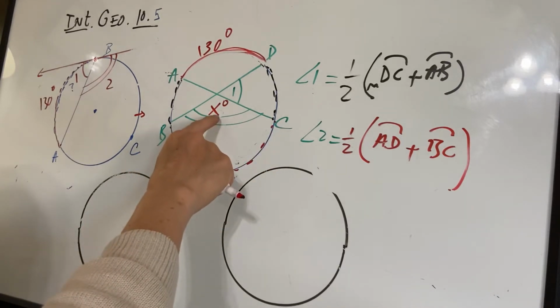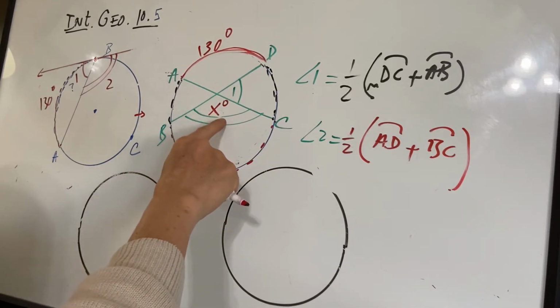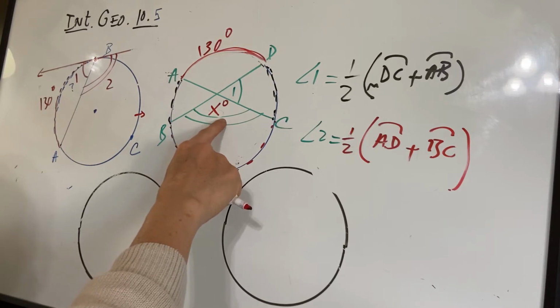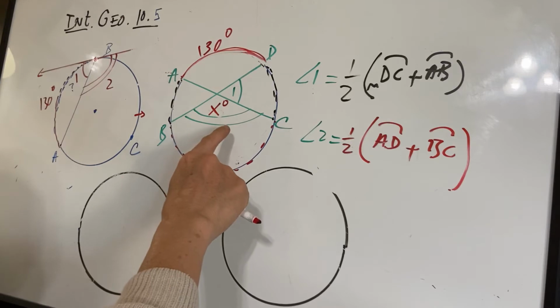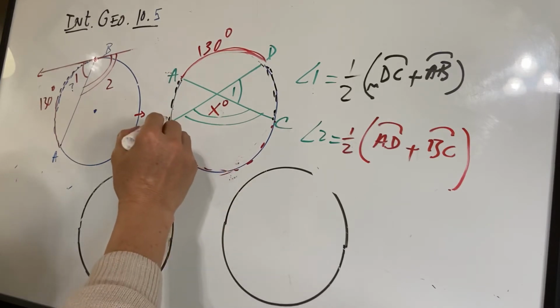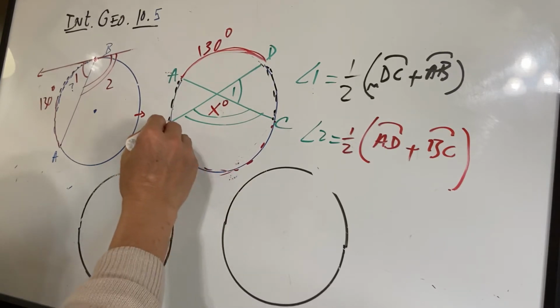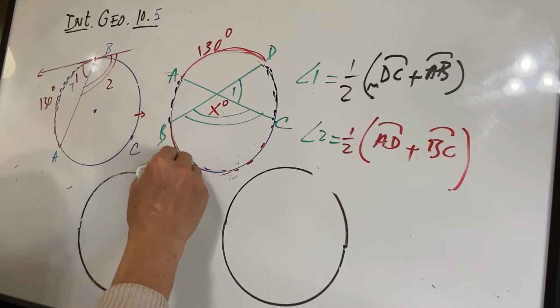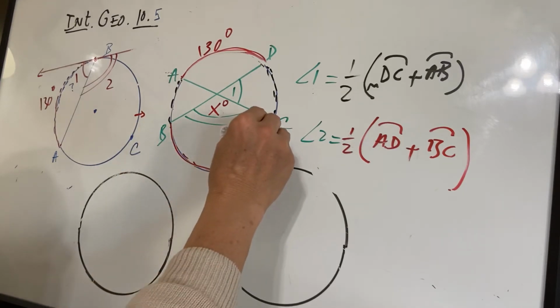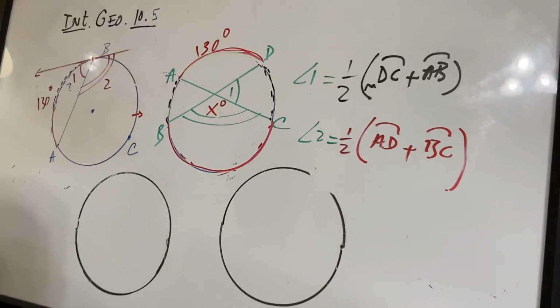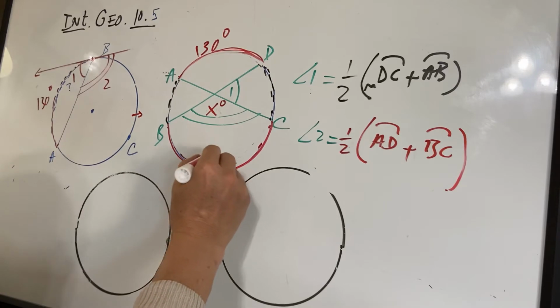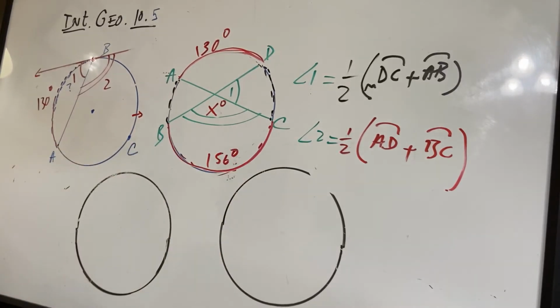You want to find the measure of the angle X. And you are now given, let's say, from B to C, just from B to C right here. There we go. This is cool. From B to C, and B to C is what? 156. There we go. From B to C is 156.